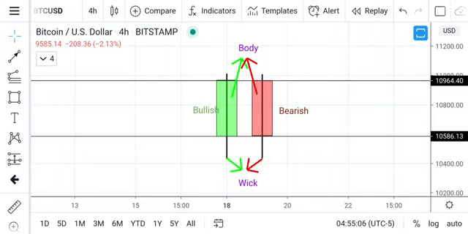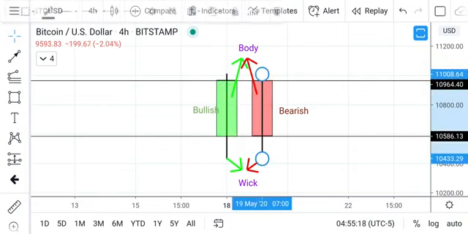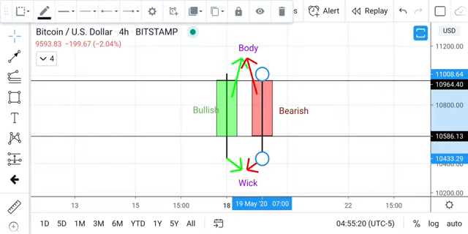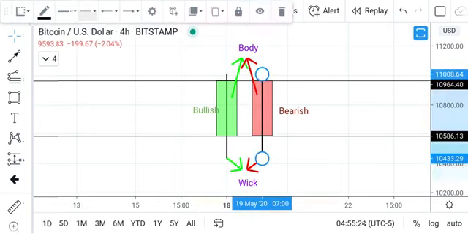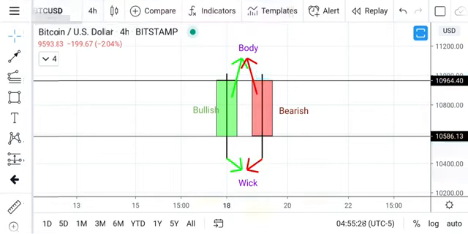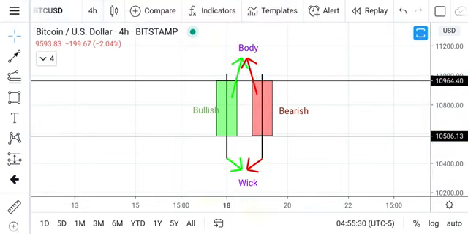We have the body, which is usually the green part, or the red part over here. Then you have the wick, which is this long black line on the body.